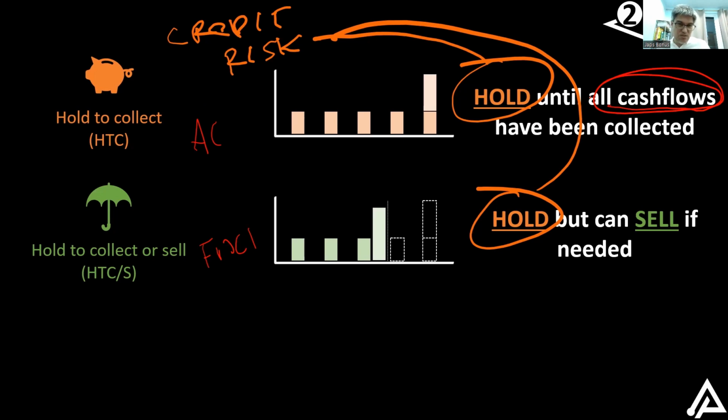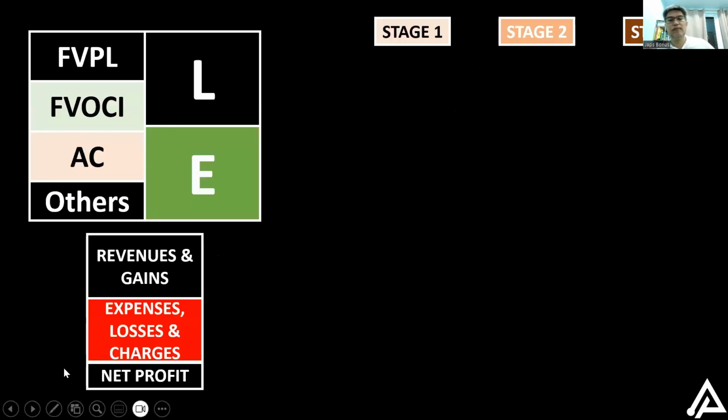Under the second question of CNM, only those hold to collect, which is amortized cost, and hold to collect or sell, which is FVOCI, are subjected to ECL. Now, under IFRS 9, so ang kailangan mo lang i-subject sa ECL computation would be FVOCI tsaka amortized cost na debt instruments.